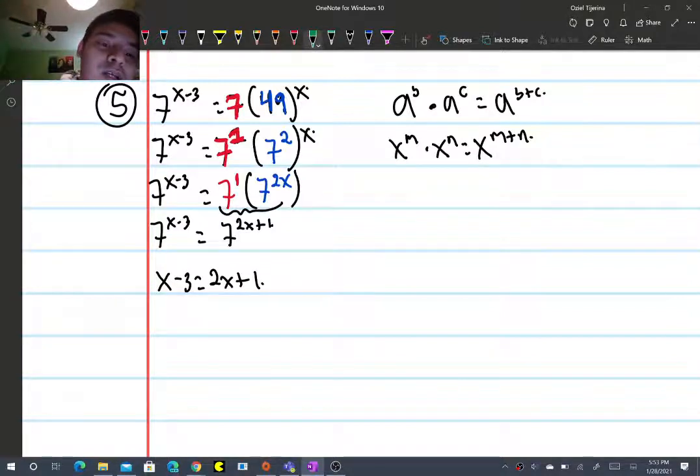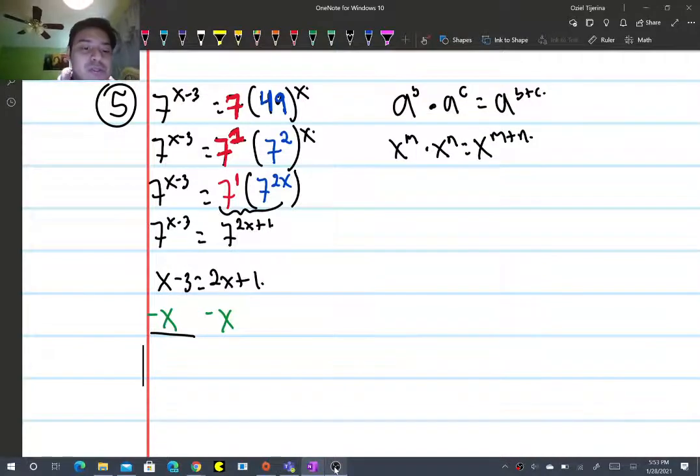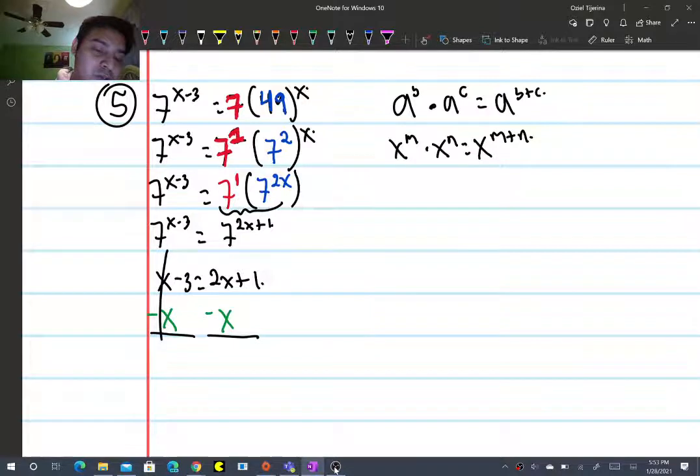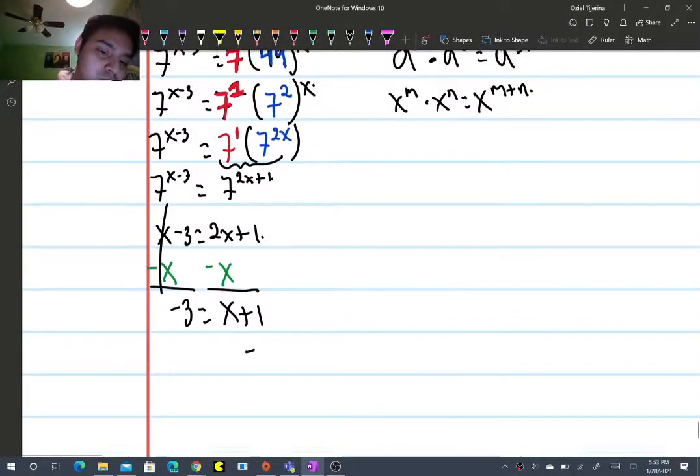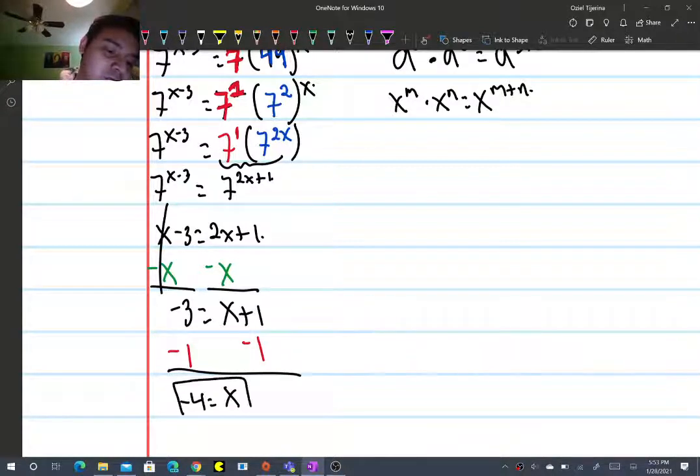We subtract x on both sides, and then you cancel this out: -3 equals x plus 1. You subtract 1 on both sides, and you will get x equals -4. Okay.